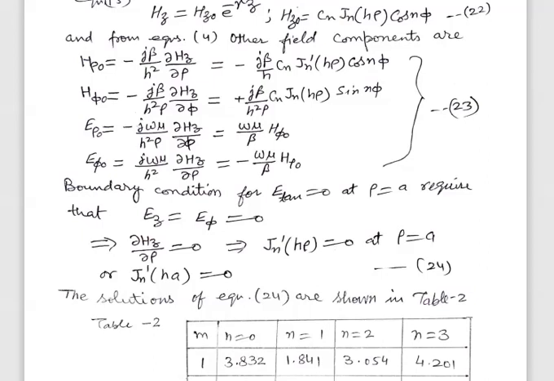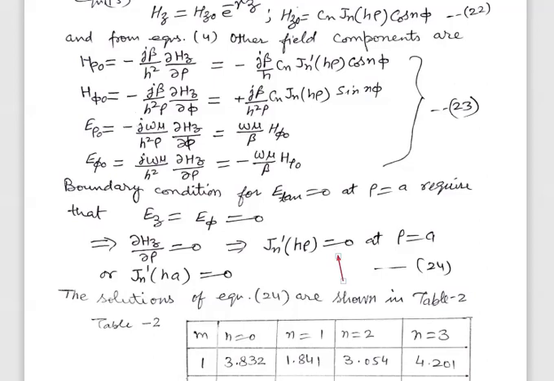therefore J n H rho, when the term is substituted from equation number 22 in the condition del Hz over del rho equal to 0, this will give us J n' H rho equal to 0 at rho equal to A. So therefore this will become J n' H A equal to 0.